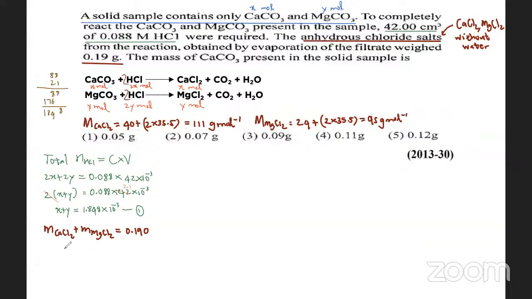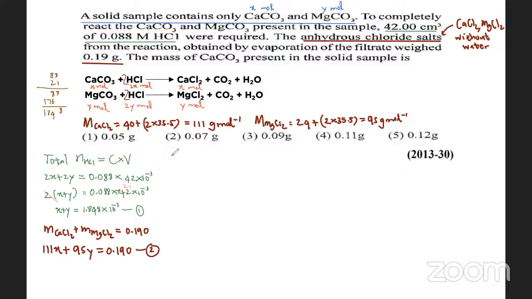You have to find it out. How? Mass of calcium chloride is number of moles of calcium chloride into its molar mass. What is the number of moles? x, molar mass is 111. So 111x plus mass of magnesium chloride is going to be y times its molar mass, 95y, equal to 0.190. So you have the second equation.